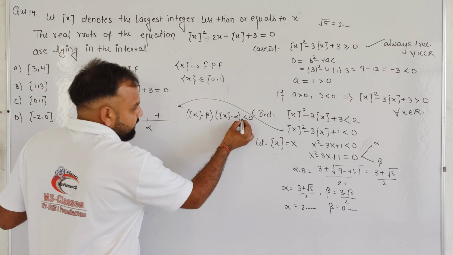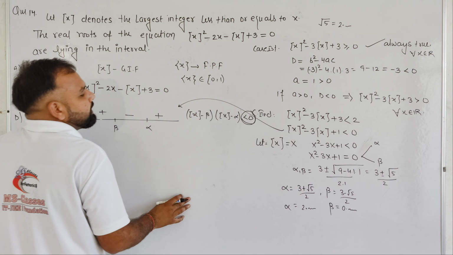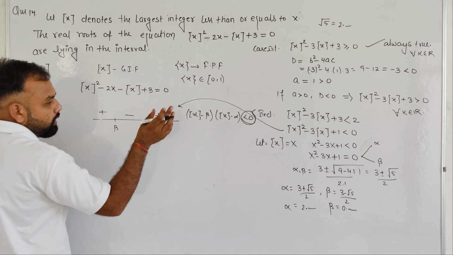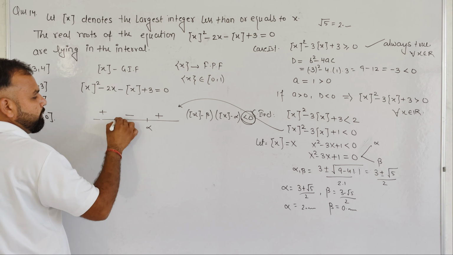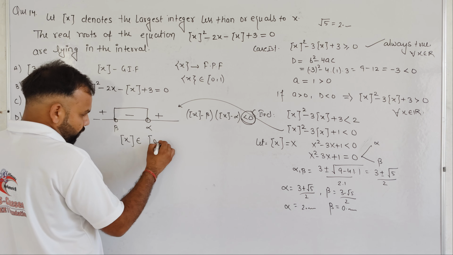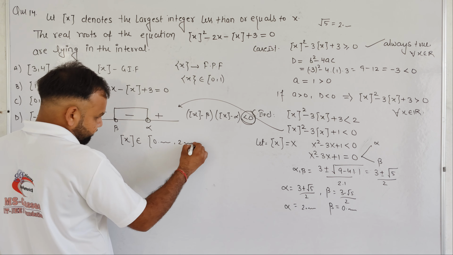And since the inequality is less than 0, our greatest integer lies in between beta and alpha. So we can say our greatest integer belongs to the interval from 0 point something to 2 point something.